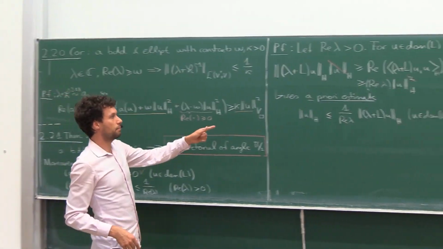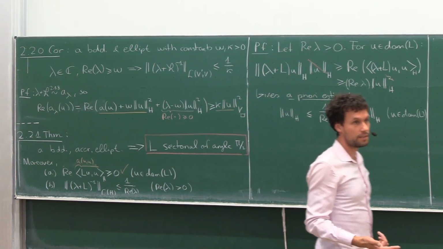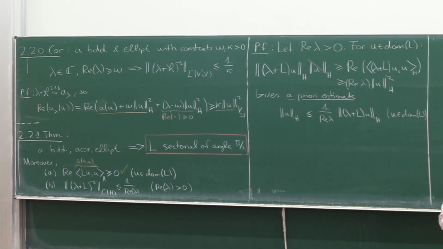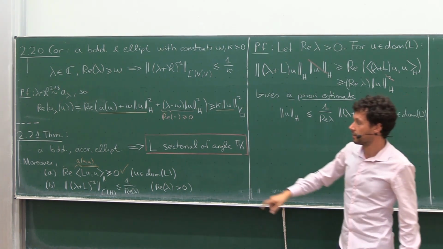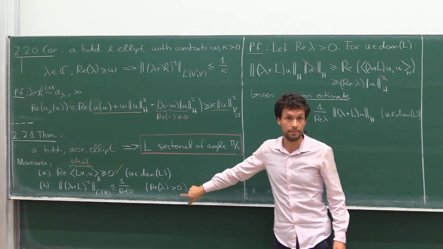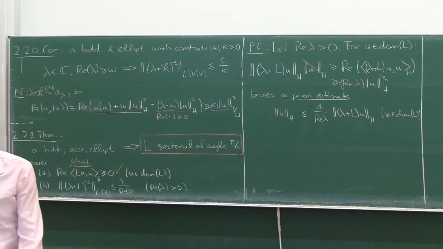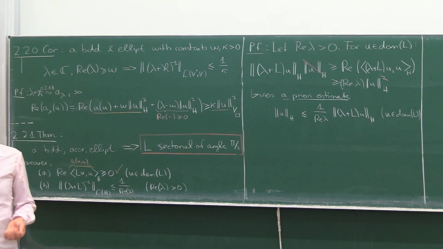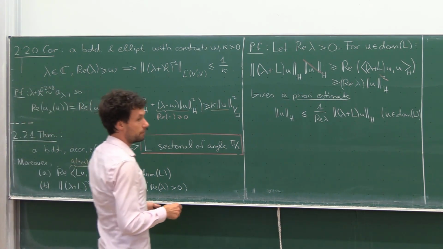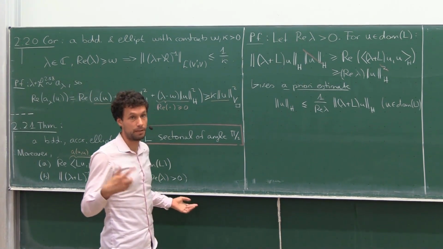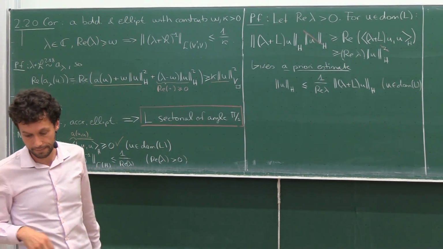So the strength of the a priori estimate is now whenever, for whatever reason, and for whatever lambda, I manage to prove that lambda is in the resolvent set, then the a priori estimate always gives me the resolvent estimate that I claim down there. Okay? So this gives me some flexibility because now in proving that something belongs to the resolvent set, I don't have to worry about the precise norm estimates. I just have to prove something.